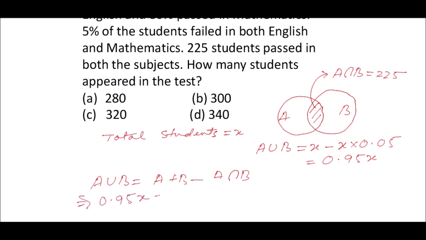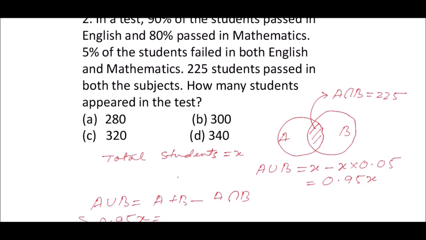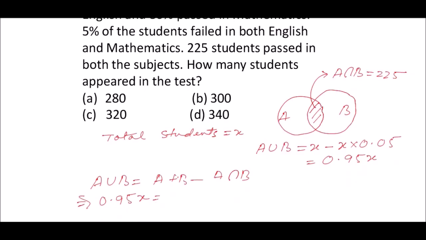That is 0.95x. What is A? English is given as 90%, so it is 0.9x, and mathematics is 80%, so 0.8x, minus 225.